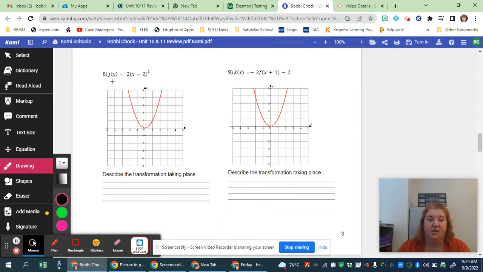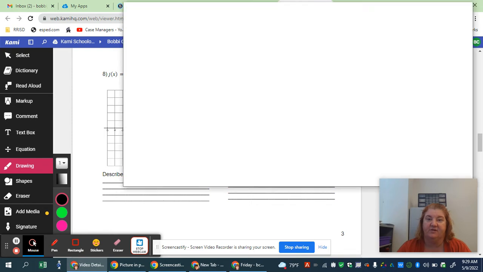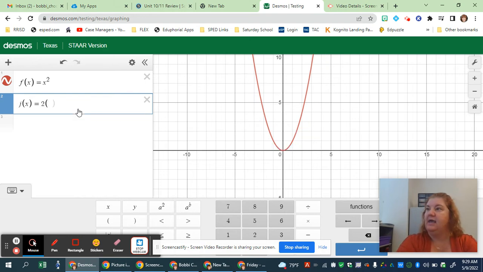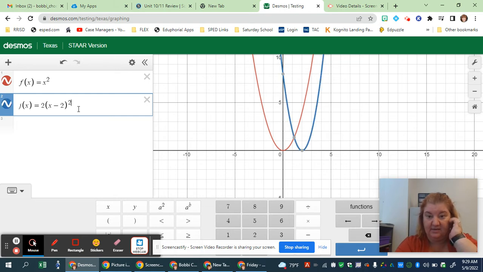Right here, j of x. Like I said, I'm going to put this over here so I can see it. And I'm going to put in j of x, and it's 2 times x minus 2, and then squared. There it is.